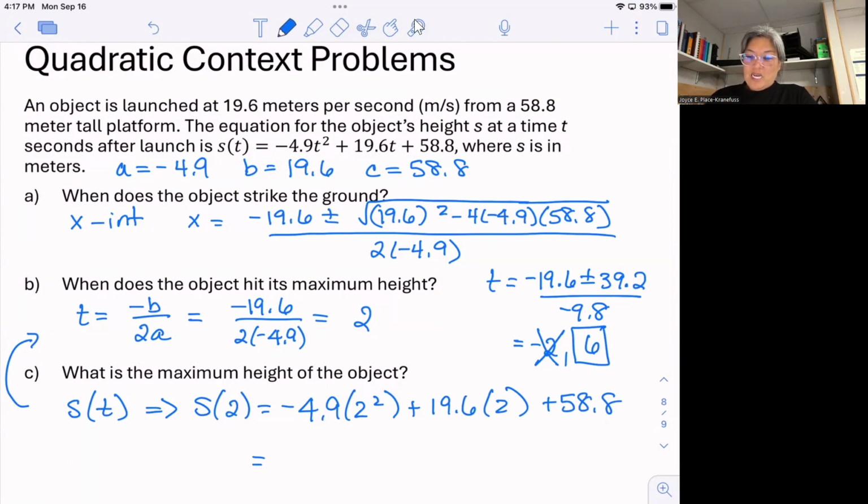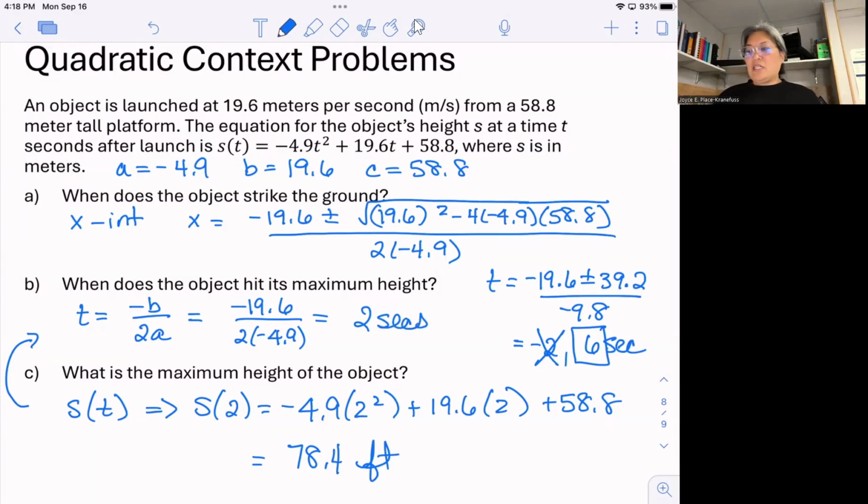Negative 4.9 times 4 plus 19.6 times 2 plus 58.8 is 78.4. Units are feet. Units are seconds.